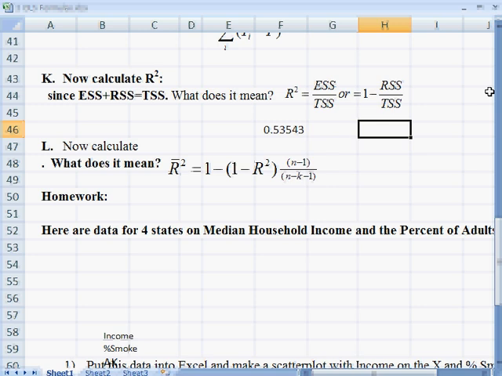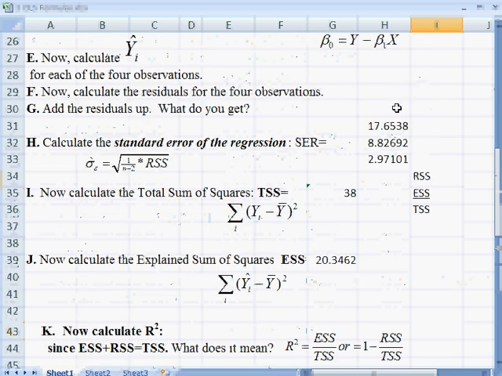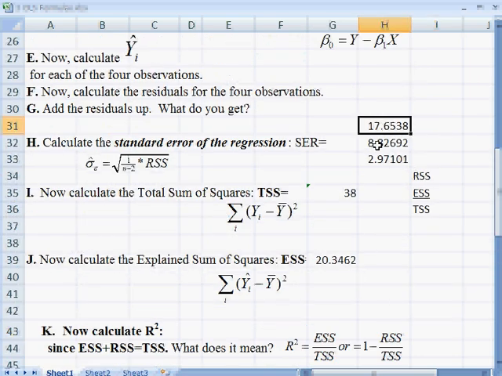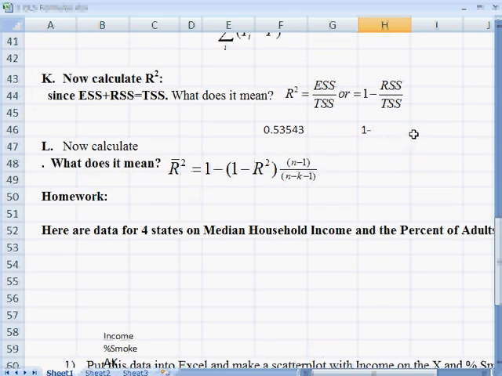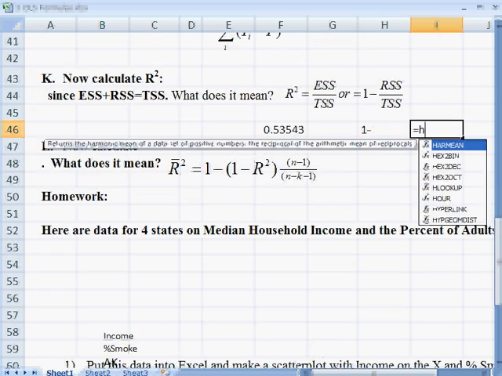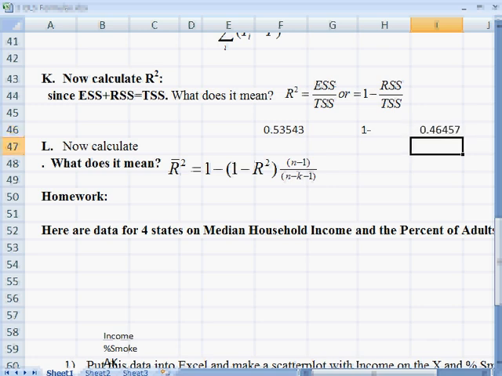Well, if we do 1 minus, and then over here we do the formula 17.65 over 38, H31 over 38, okay, equals 1 minus, this is residuals are things we can't explain, over the total variation. So this is just the variation we can't explain divided by the total variation. So this tells us that 46.4% of the variation can't be explained. 1 minus that gives us the R squared, or the proportion.